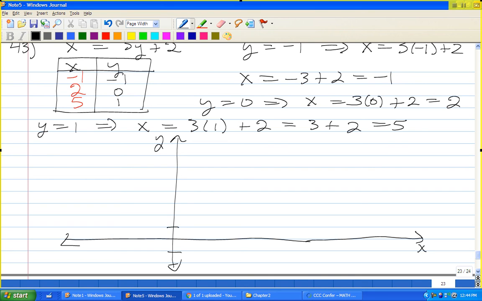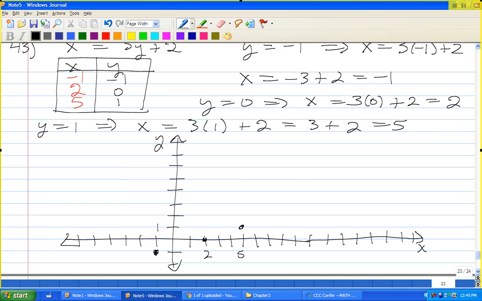Put the tick marks. At negative 1, we're at negative 1. At 2, we're at 0. At 5, 1, 2, 3, 4, 5, we're at 1.